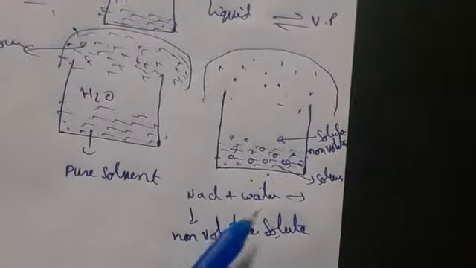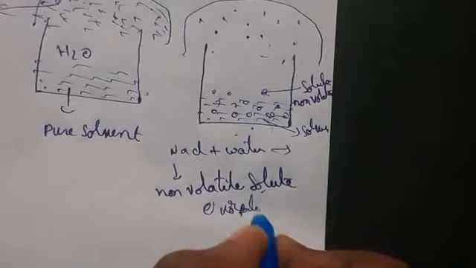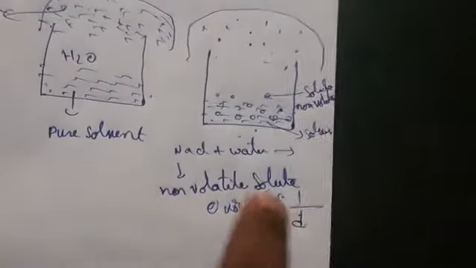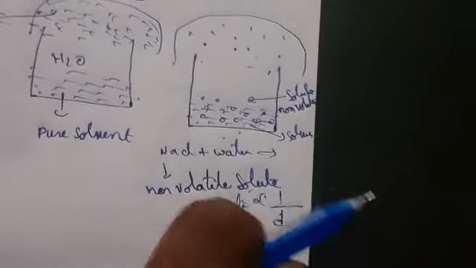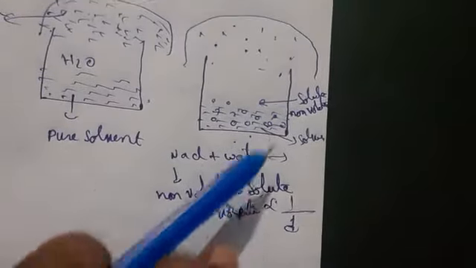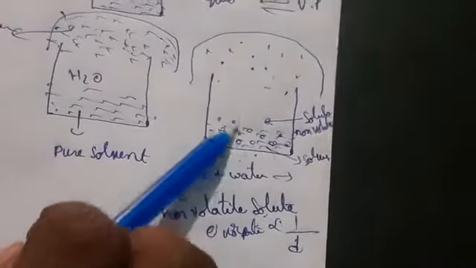Evaporation is inversely proportional to density. So whenever density increases, automatically evaporation is decreasing. This non-volatile solute, when you add it to the solvent, attracts the water molecules.